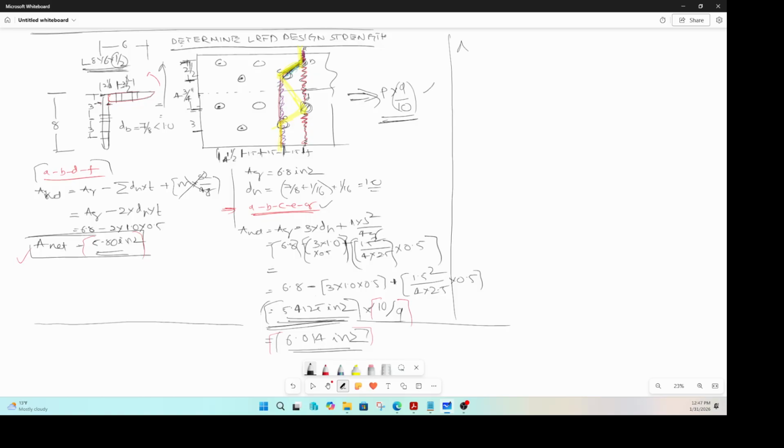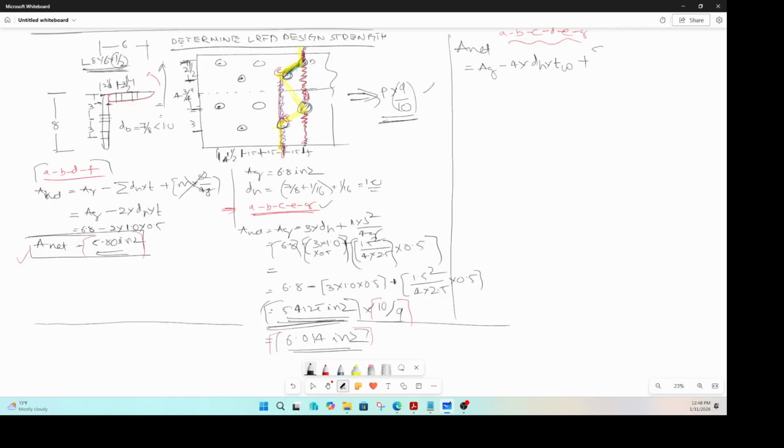The failure plane is that, so for this path, this is A, B, C, D, E, and this is G. So net area for that is nothing but the gross area A_g minus how many holes do we have? 1, 2, 3, 4, minus 4 times the diameter of the hole times the thickness of the plate.